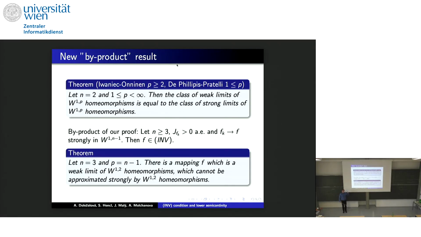It does not, so it cannot be obtained as a strong limit of homeomorphisms. So especially in dimension 3 for p equals 2, we know that the classes of strong and weak closures of homeomorphisms are not the same, okay? We expect the same is true in any dimension for p equals n minus 1, but we did not do it in detail, because the counterexample was complicated enough.